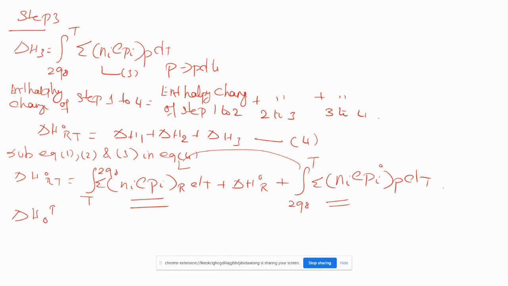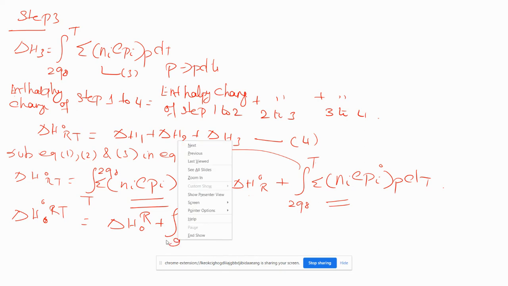So del H0 RT is equal to del H0 R plus the integral from 298 to T. These two we are combining: this is T to 298, this is 298 to T, so we take it as 298 to T, and this will become minus.